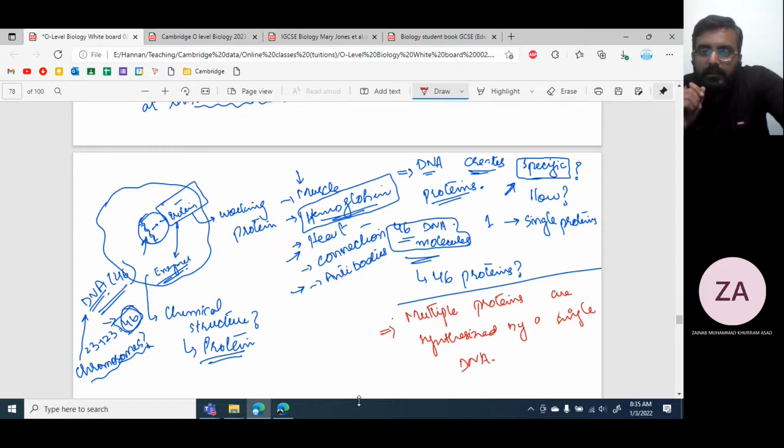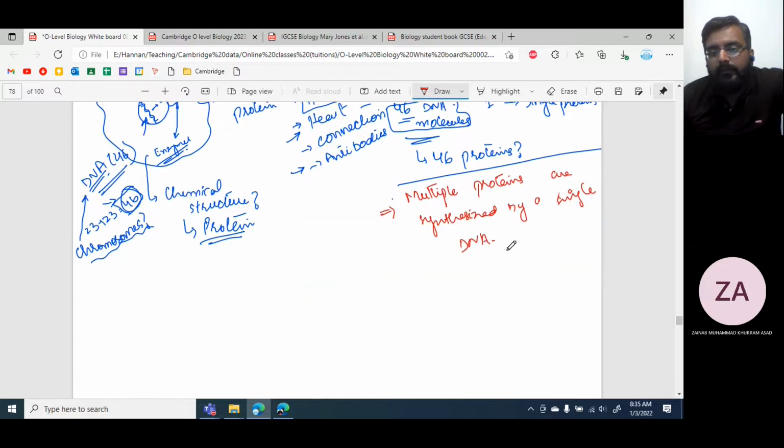ये पॉइंट कुछ समझ आता है. Why? If a single DNA synthesizes multiple proteins, then 46 DNA molecules can combine to create a huge amount of proteins. For example, if one DNA can create 50 proteins, then you can assume how many proteins 46 DNA molecules can create.